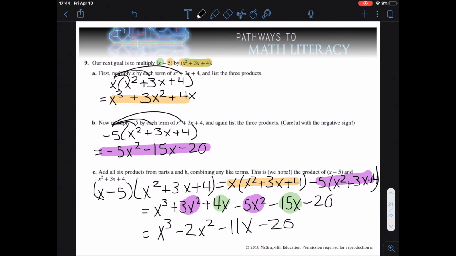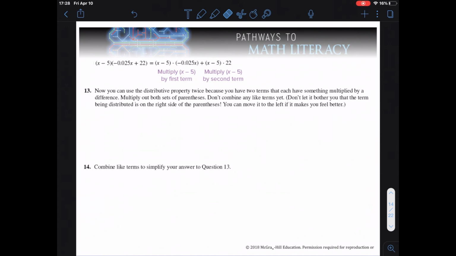Each term in the first factor will come in contact with each term in the second. So we're going to use this process of distribution. Instead of the 10, we're going to have the x minus 5. So this whole piece gets distributed to each component. So we'll take the x minus 5 times that first piece, the x minus 5 times the second piece.